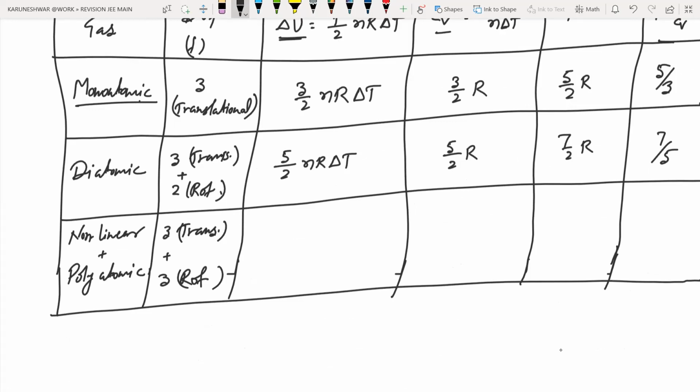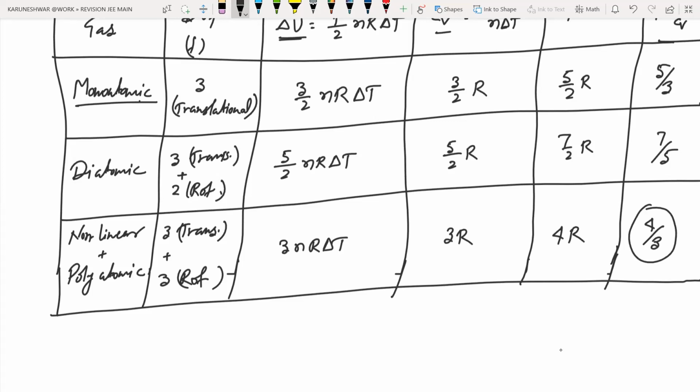In this case you can see 6 by 2, it will be 3 nR delta T. This will be the change in internal energy. Then we have 3R as Cv, and Cp will be 4R. And here gamma is 4 by 3.